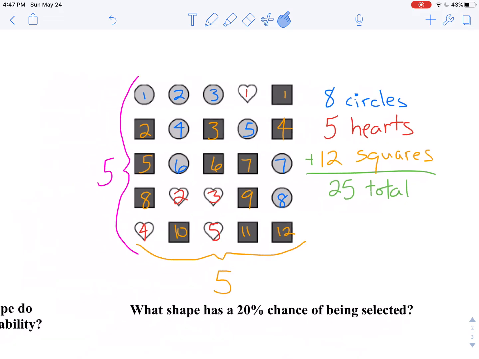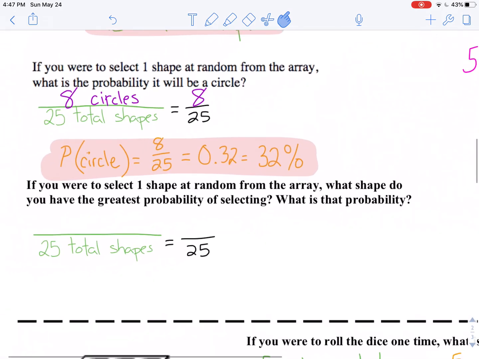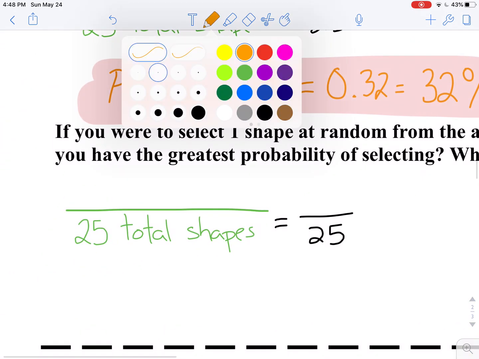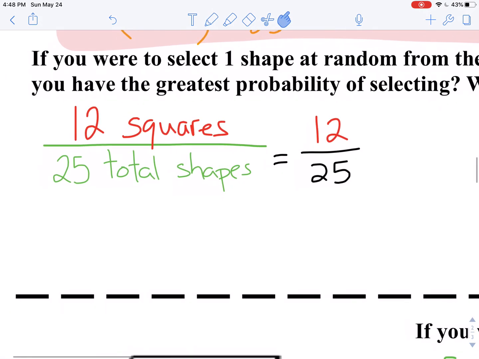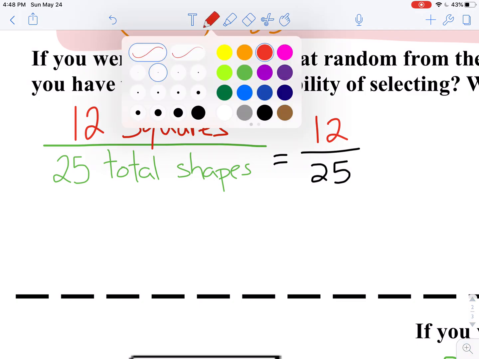So there are 12 squares. So 12 squares is going to go on top. 12 squares is the fraction 12/25. And again, we know that 25 only has 3 factors, 1, 5, and 25. And 5 and 25 aren't factors of 12, so I'm already simplified.